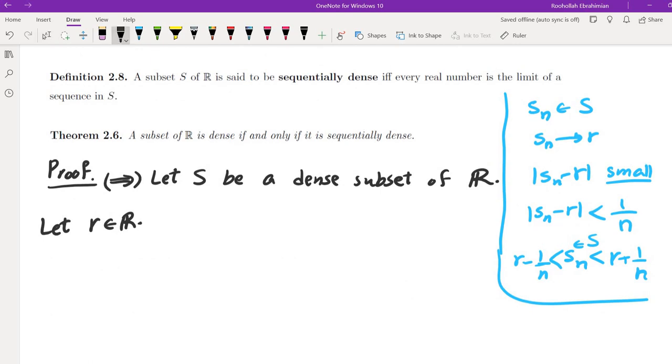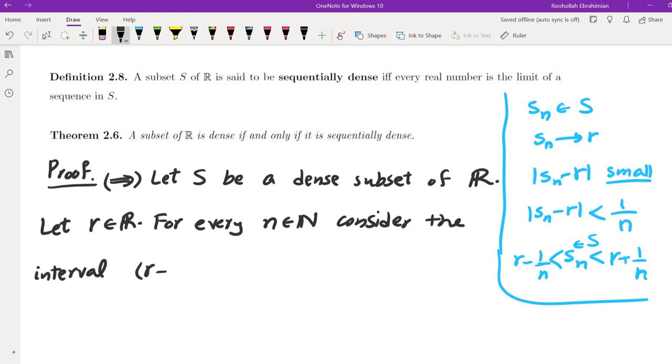So let's now formally turn it into a proof. For every positive integer n, consider the interval r minus 1 over n and r plus 1 over n.